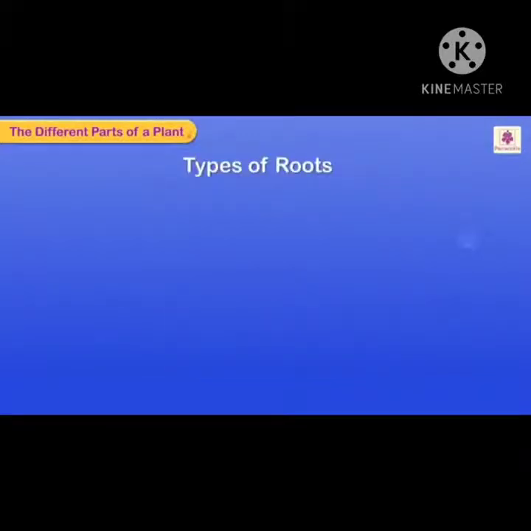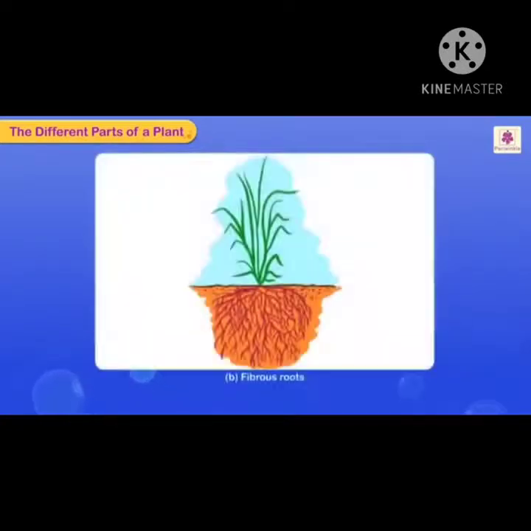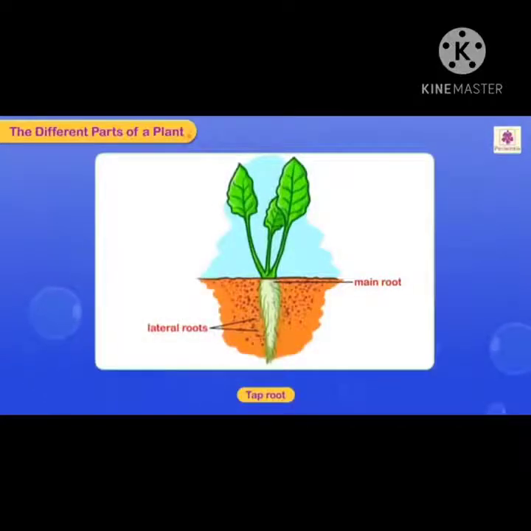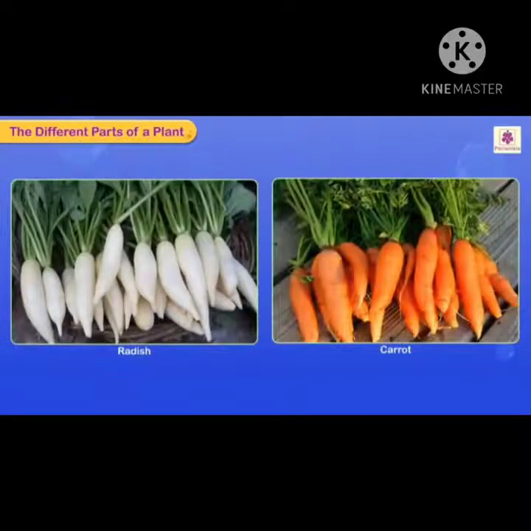Types of roots. A. Tap roots. B. Fibrous roots. Tap roots have a main or central root from which smaller, thinner roots arise laterally. Most trees and vegetables like radish and carrot have tap roots.